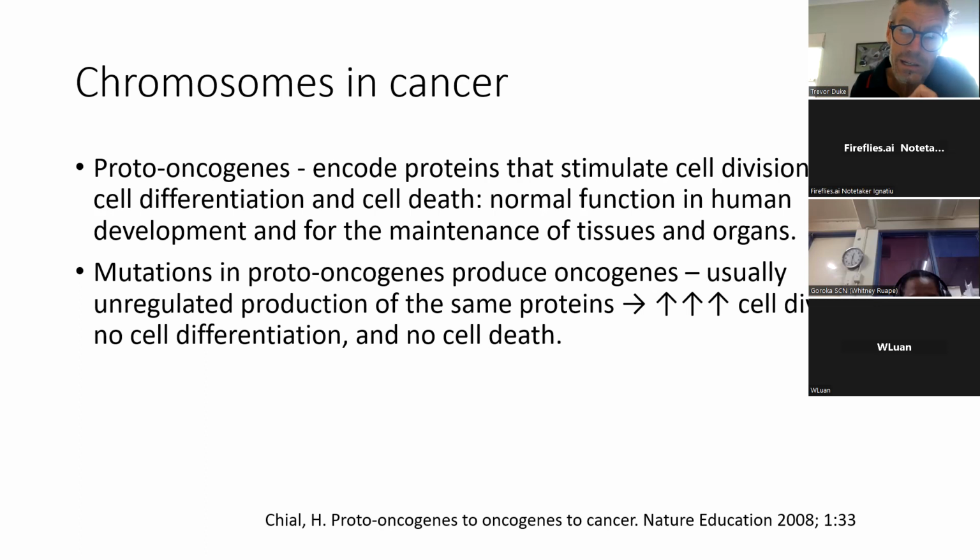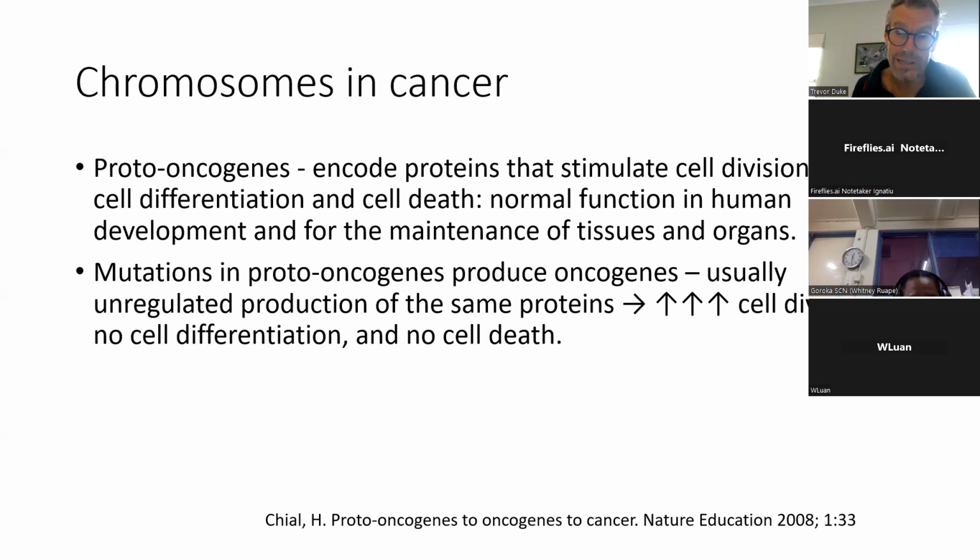The problem is when you get mutations in the proto-oncogenes, they turn into oncogenes, and that leads to the unregulated production of the same proteins and massive amounts of cell division, no cell differentiation. So differentiation means one cell can differentiate into another type of cell, can transform into a different type of cell for a different function.